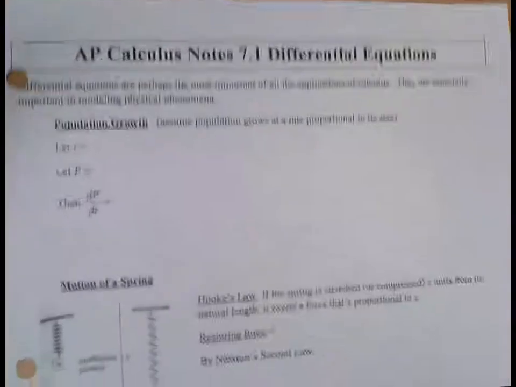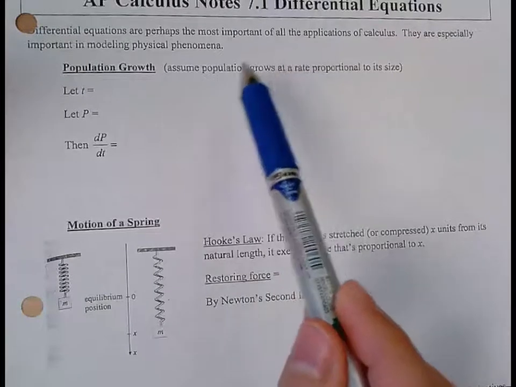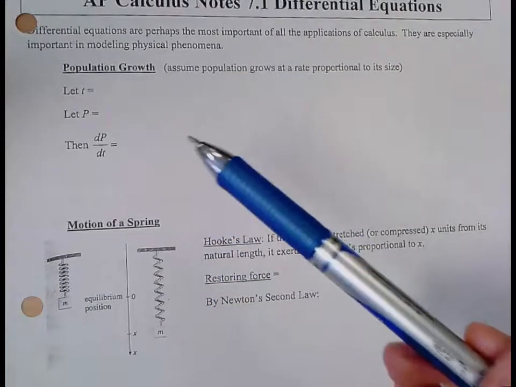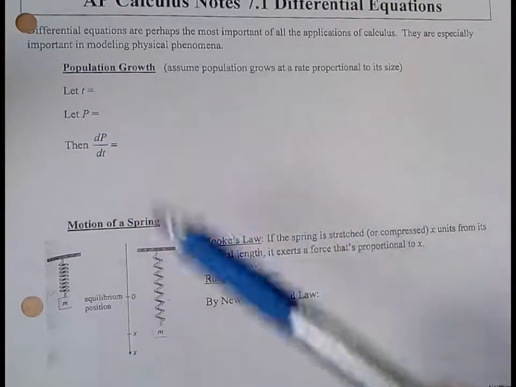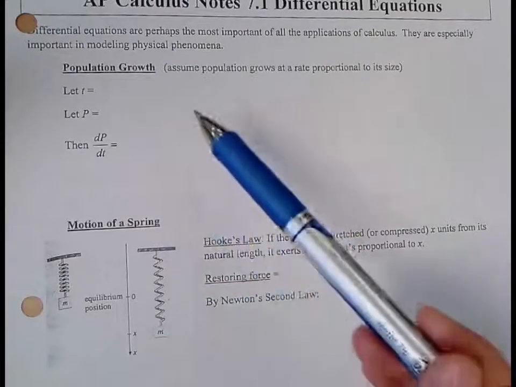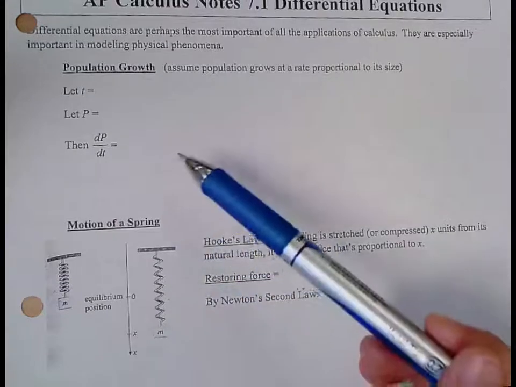So what I have at the beginning, these aren't really examples, but in 7.4, we actually go into population growth and mass in more detail. So we're going to come back to these two applications later.